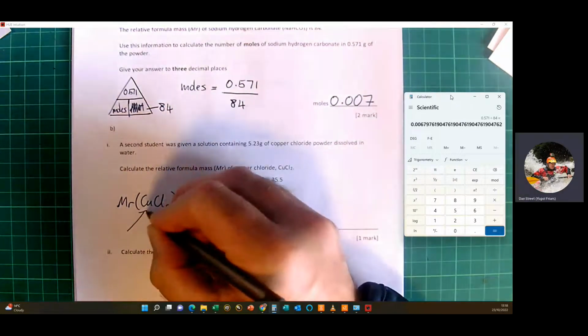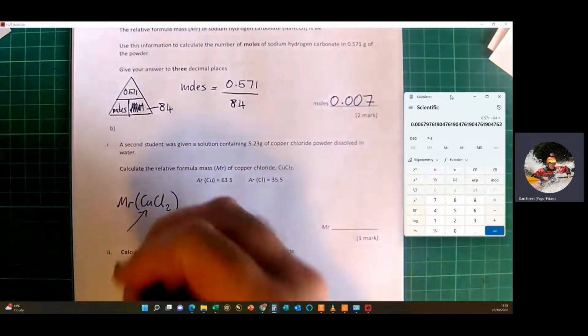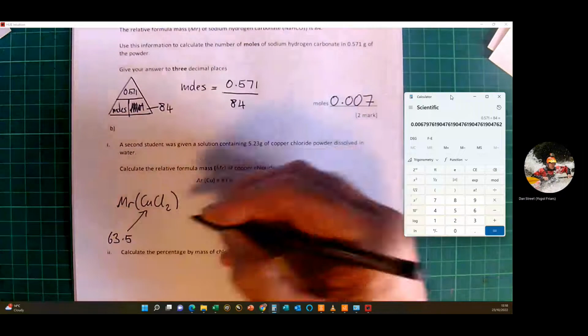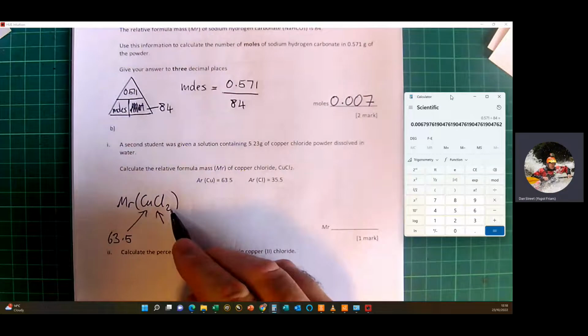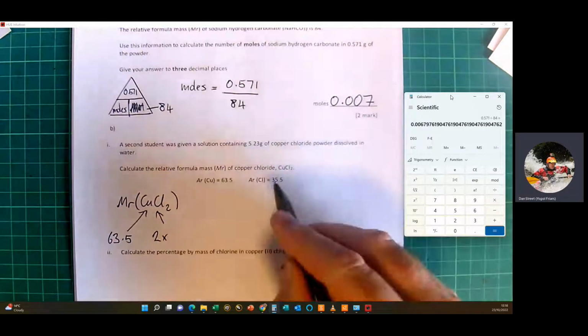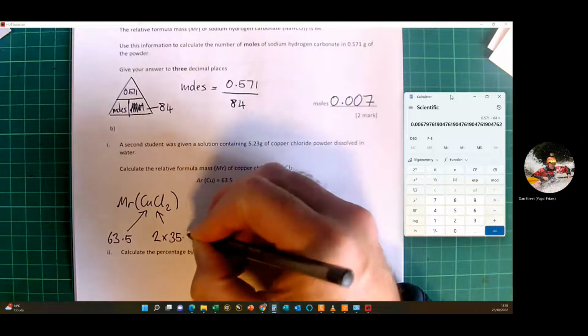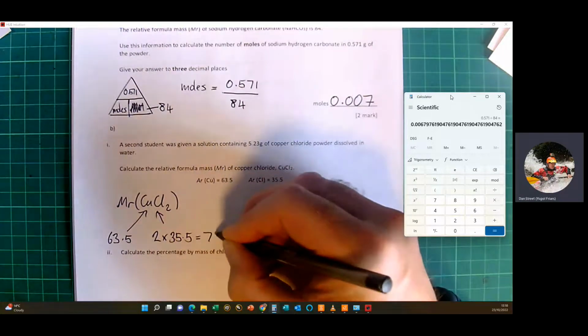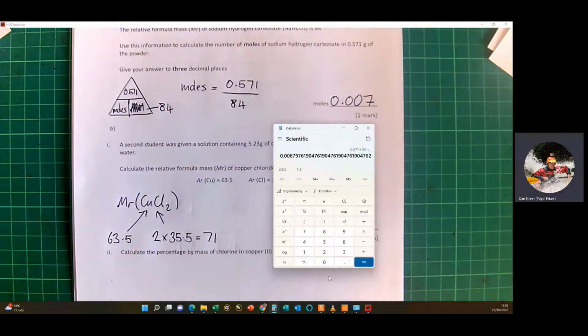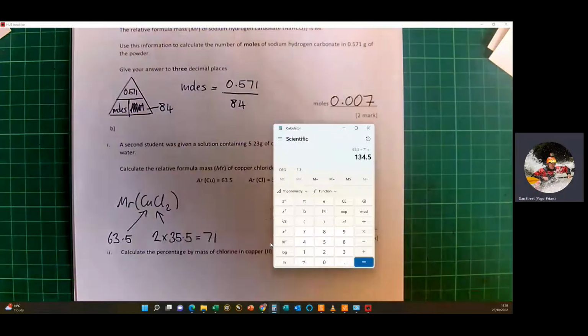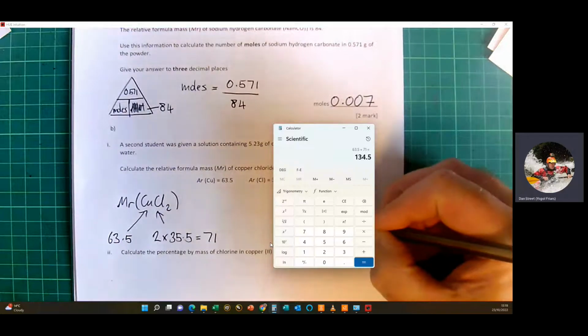The copper there weighs 63.5, and then the chloride, I think a lot of people forgot the 2. So it's 2 times 35.5, which is 71, and so 63.5 plus 71 is 134.5.